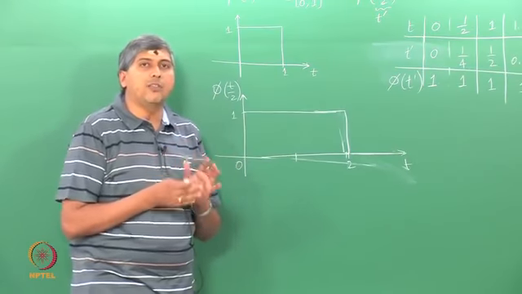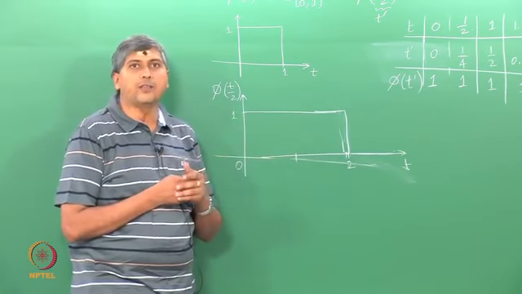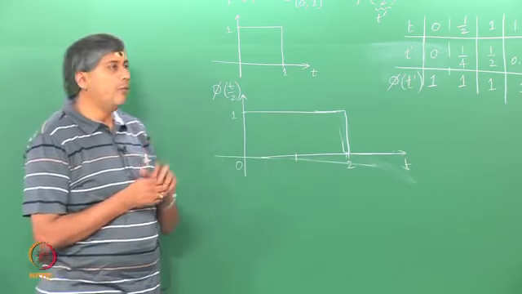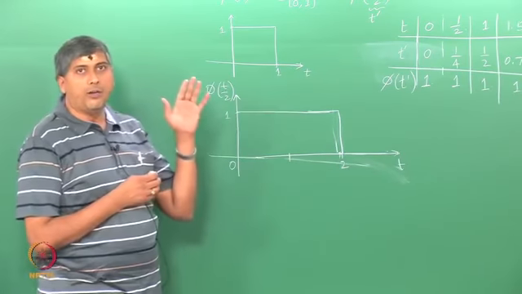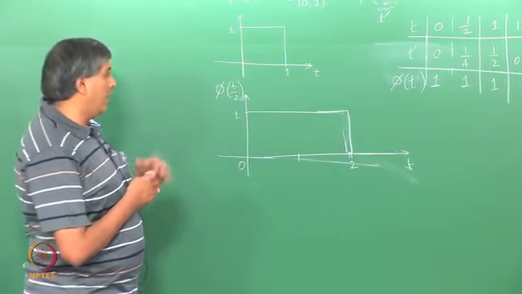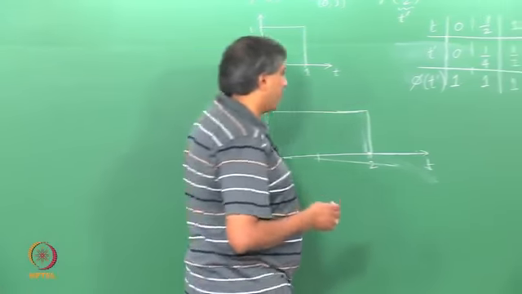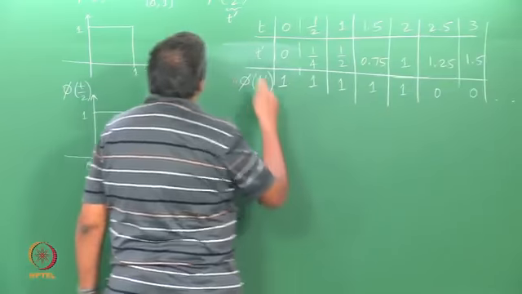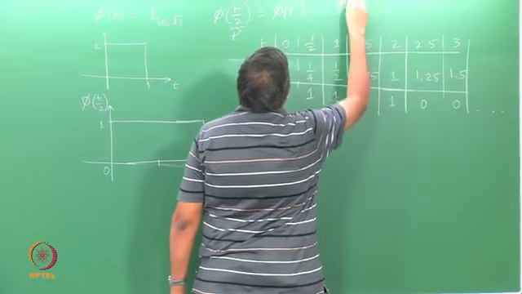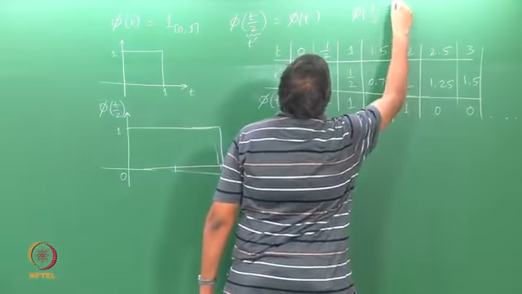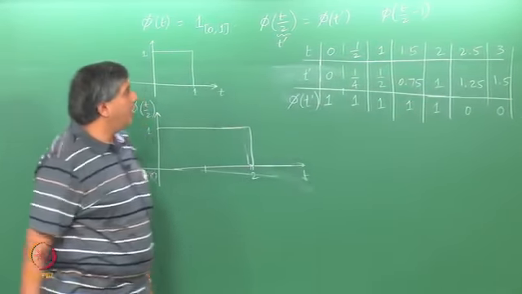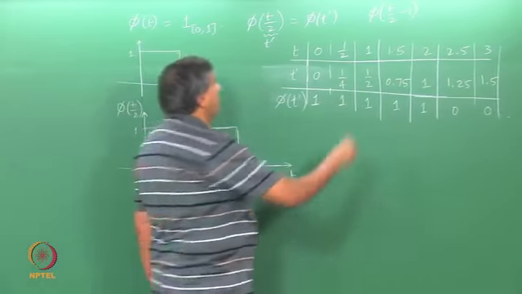Obviously, we do not use this to compute the coefficients, we use the fast algorithm, but you should be really comfortable in visualizing how phi of t by 2 looks like and how its integer translates look like. So, let us ask what is phi of t by 2 minus 1, the first translate. All right. So, now let us call this t prime.